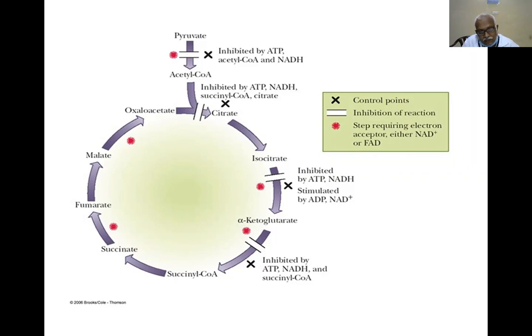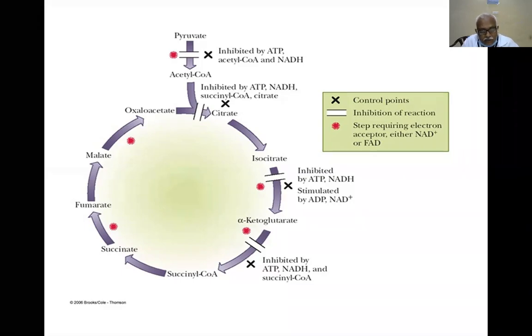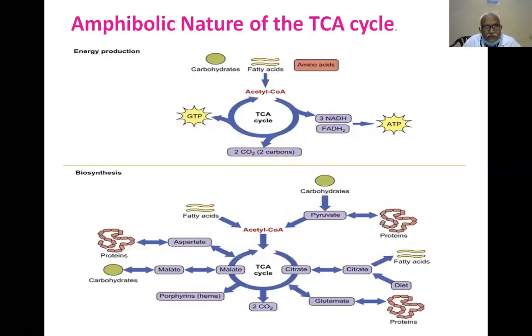If most of you answer all the things and nothing is left for us to ask, finally we will ask you like this. Okay, nothing more. Only 6 points, that's all. You can learn them at your fingertips. So, the amphibolic nature of the TCA cycle. All the things will enter into the TCA cycle: carbohydrates, fatty acids, amino acids, all will be entering it.